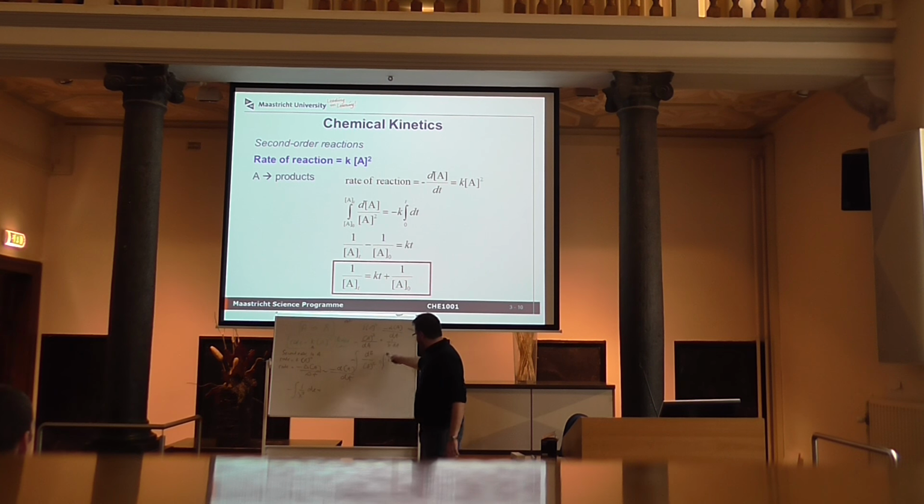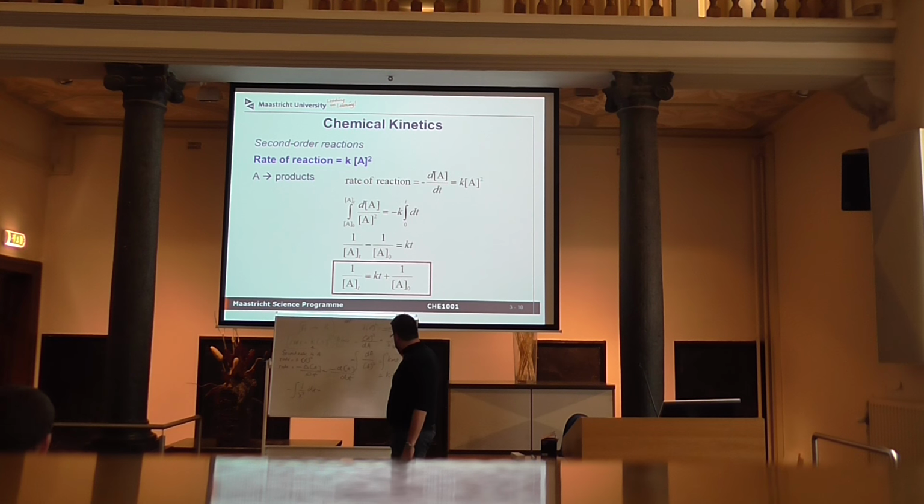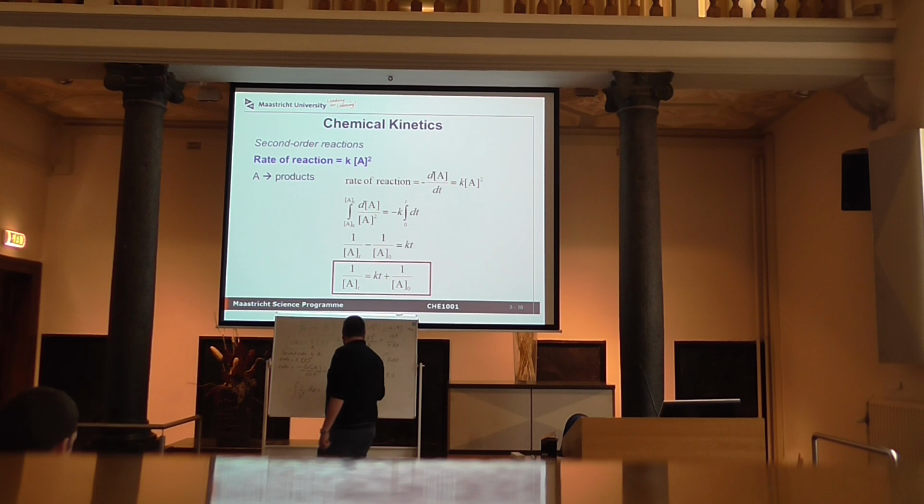If I integrate k dt, I'm going to get kt outside as the antiderivative. The integral of a constant times dt is just kt. And the integral of dA over A squared is minus 1 over A, but there's a minus sign in front of the integral.